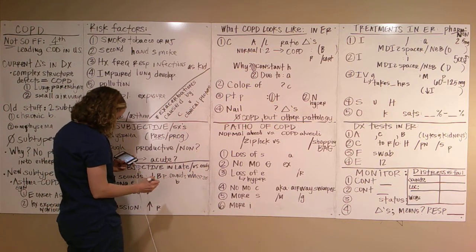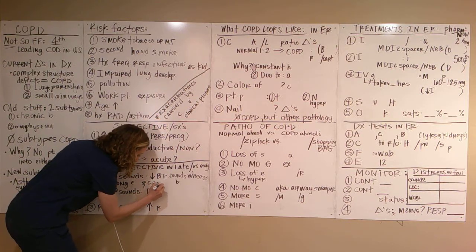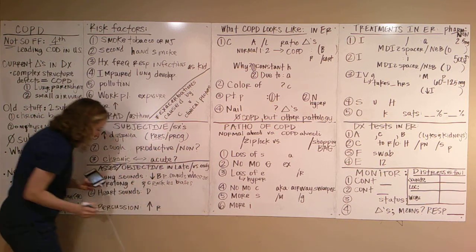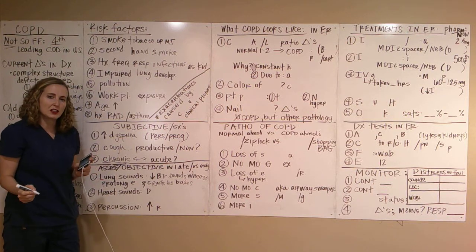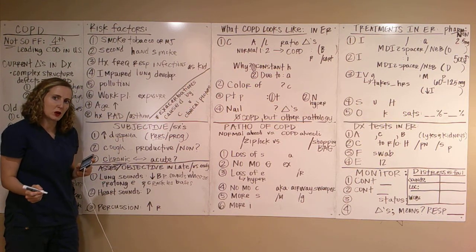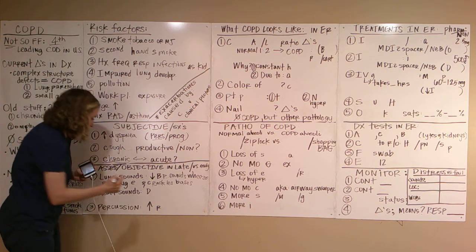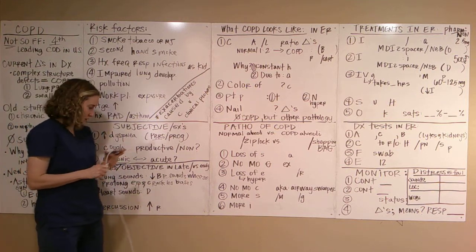And then also we can have crackles in the bases. And then we have a prolonged, is it a prolonged inspiration or a prolonged expiration? Do they have a hard time getting air out or a hard time getting air in? It's usually expiration. They can't get their air out, okay?